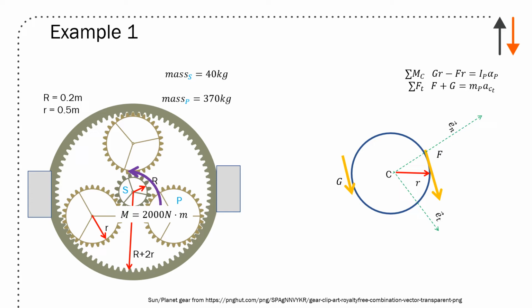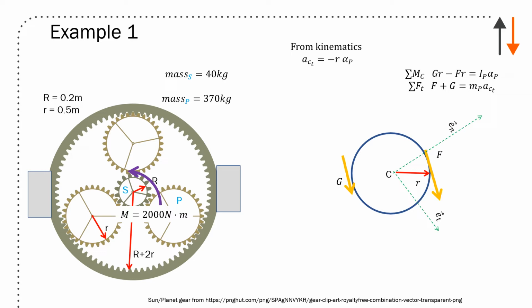The force balance in the tangential direction: they're both in the same direction, so F plus G equals M_P a_t, where M_P is the mass of the planet gear and a_t is the tangential acceleration of that planet gear.